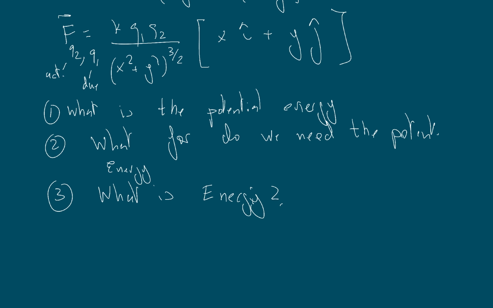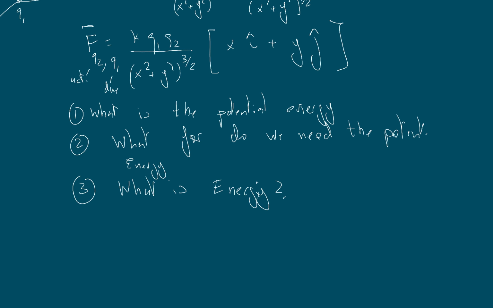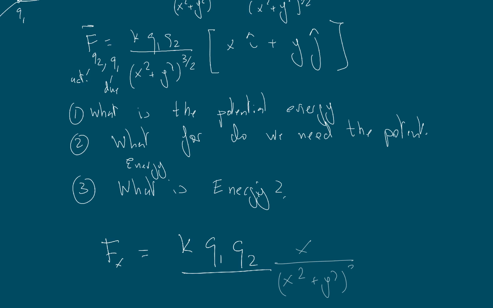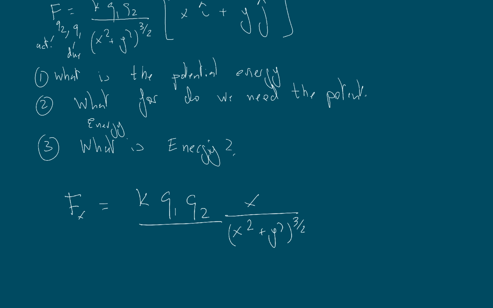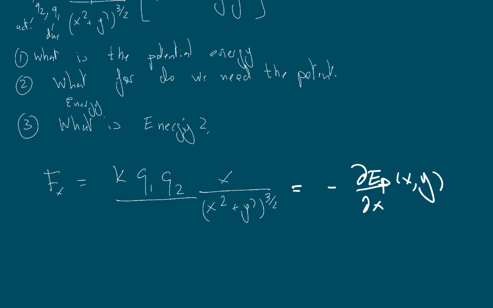Let's see if we can answer. So let's answer the first question, that is, what is the potential energy? We have that the x component is K Q1 Q2 multiplied by x divided by (x squared plus y squared) to the 3/2. And we wonder who is E_p, whose derivative with respect to x is this expression.